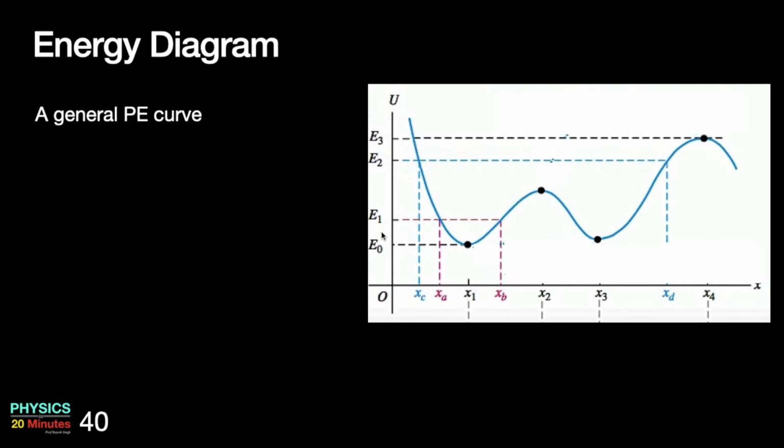And also we are going to have different total energies, E0, E1, E2, E3, although each one is constant. And we are going to discuss the behavior of the system on the basis of what we have just discussed or we have just understood.